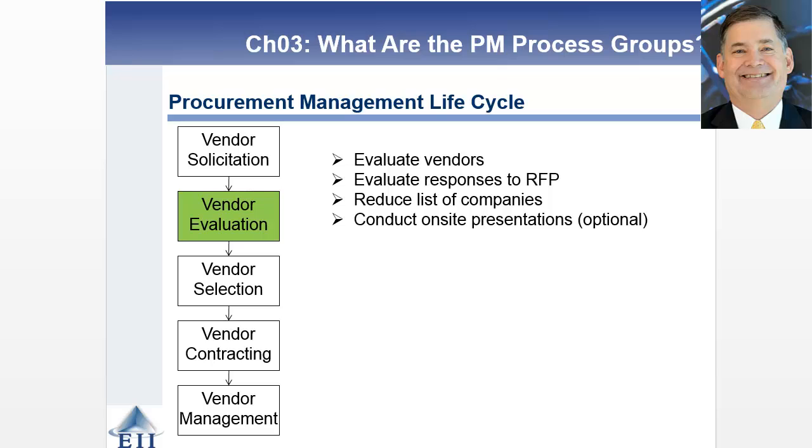When we were working on a learning management system a couple of years ago, we had 77 companies submit proposals, and we had to narrow that down to a more reasonable number, and we used selection criteria to get it down to 5. So once you've got the 5 down, then you've got to start working through the actual vendor selection.